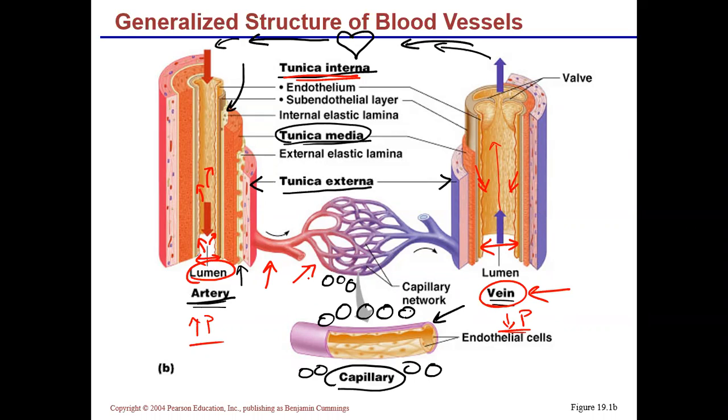Arterioles still do vasodilation and vasoconstriction. The smooth muscle is not as large as in the arteries, especially the arteries that are next to the heart. They have a lot of elasticity and a lot of smooth muscles and so on.